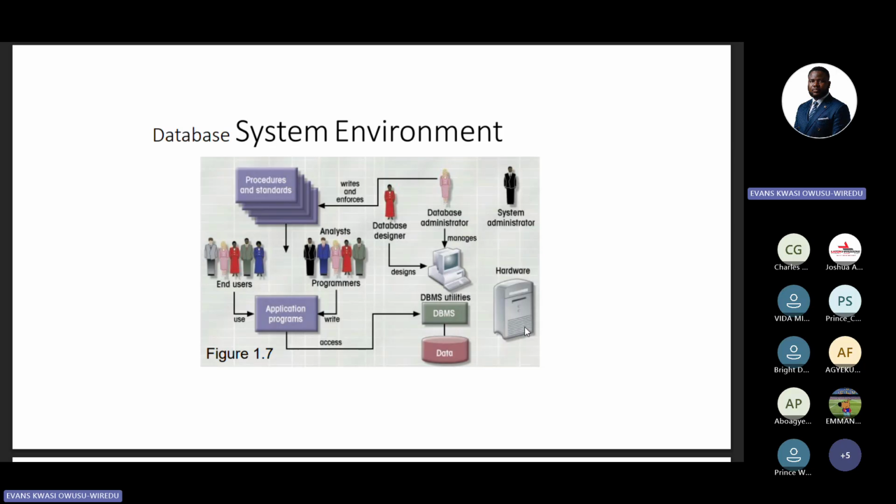So this is how the environment may look, right? You may have the applications, the programs being created by the programmers. They write them, so you can see it over there, right? And then they create the access to the DBMS, which is the database management system.